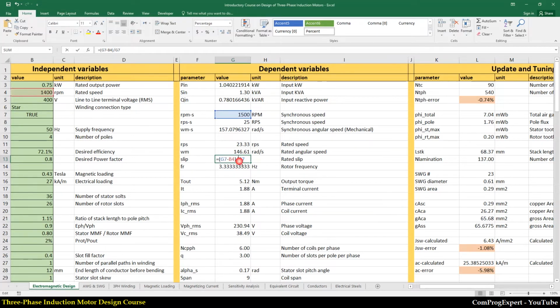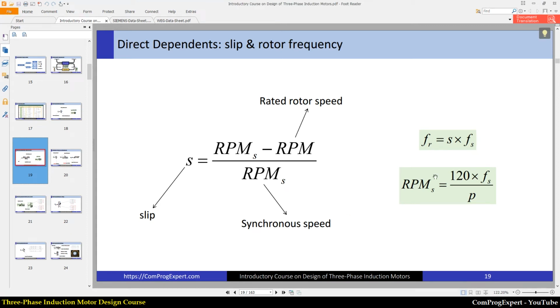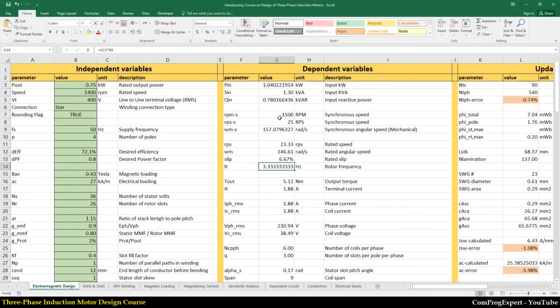I calculated the value of speed based on the synchronous speed and the rated mechanical speed that I have here. The synchronous speed is 120 times supply frequency divided by number of poles, as you know. So I calculated the synchronous speed and the synchronous RPS and the synchronous angular speed also here in this part of the Excel file. So here you can see the calculation of the slip.